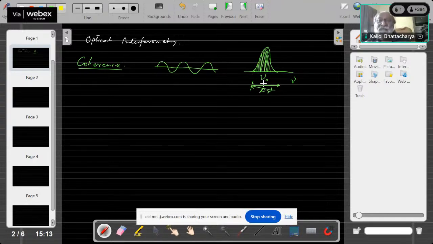And if we now attempt to combine these frequencies together, with the central frequency being nu naught and an extent of delta nu, you will see the resultant wavefront does not resemble a monochromatic wave, does not resemble a sine curve. It will look something like this, and so on.